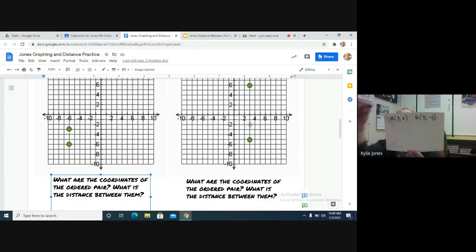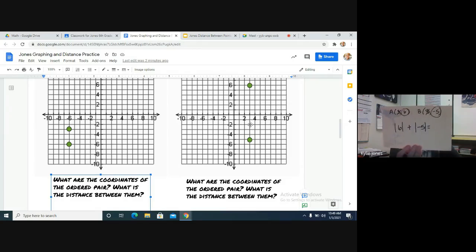Good. It's the x's. The ones that are first are your x's. So I'm going to cross off our 3's because they're the same. We're not going to use the 3's. So that means we need to use the y's to do our absolute value, the 6 and the negative 5. So the absolute value of 6 plus the absolute value of negative 5.